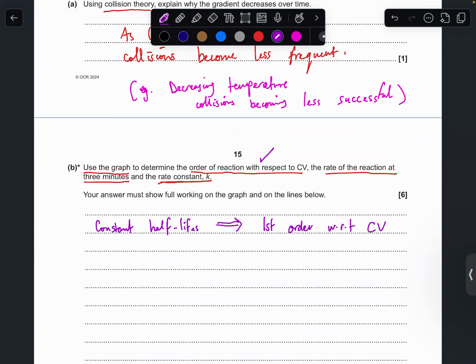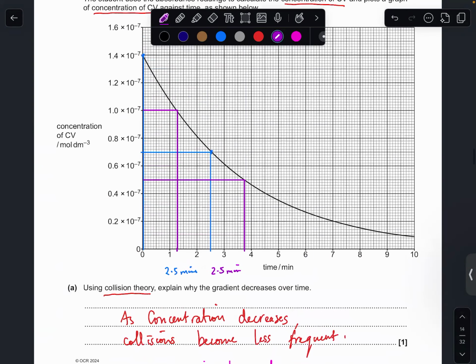Let's now work out the rate of the reaction at 3 minutes. So let's get a different color pen. Let's use red. 3 minutes is over here, so let me just highlight that. And we need to draw a tangent, a straight line resting on the graph at 3 minutes.